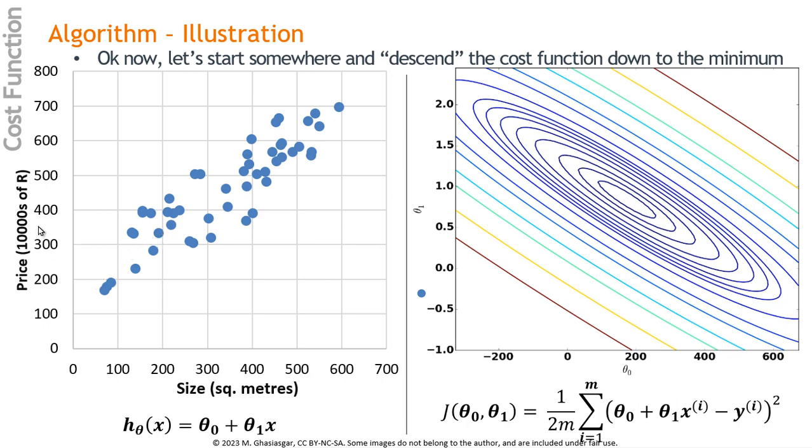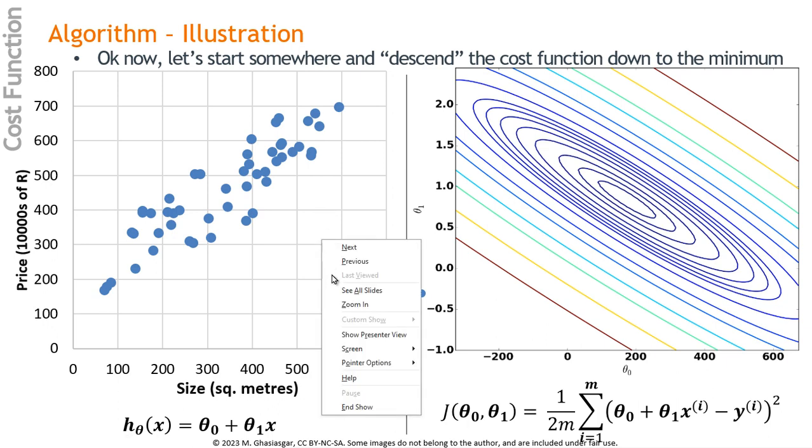So this one says that as size increases, price increases. This one here is saying that if I increase the y-intercept of my line fit, I need to decrease the slope to compensate. I discussed this in an earlier video, just to show you two examples here, just to make sure that we're on the same page.